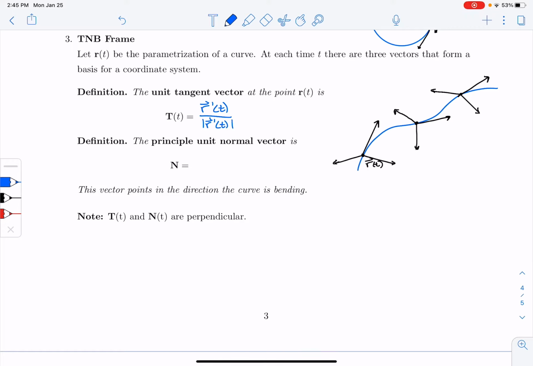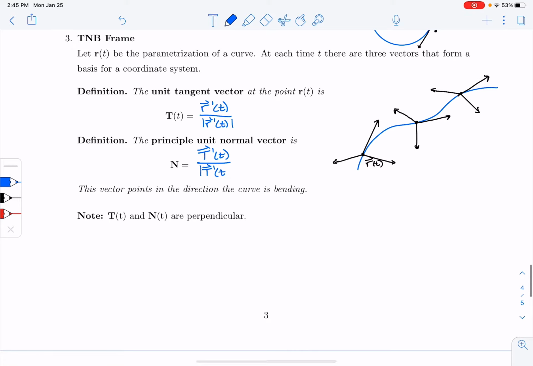And then the normal vector is going to be the derivative of the tangent vector divided by the magnitude of the derivative of the tangent vector, so that it's also a unit vector. And so I claim that the tangent vector and the normal vector, which is the derivative of the tangent vector, those two vectors are perpendicular.